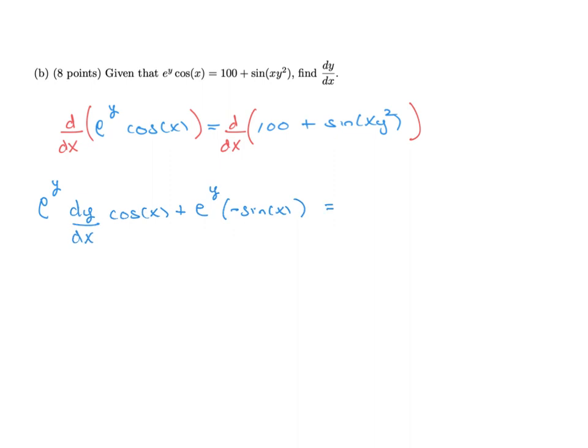Now, on the other side of the equation, I can first differentiate the 100, which will give me 0, plus, okay, here I have to use the chain rule. We have a composition of two functions. Dealing with the outside part first, the derivative of sine is cosine, and I leave the inside part alone. But by the chain rule, I have to multiply by the derivative of the inside, which is a product.